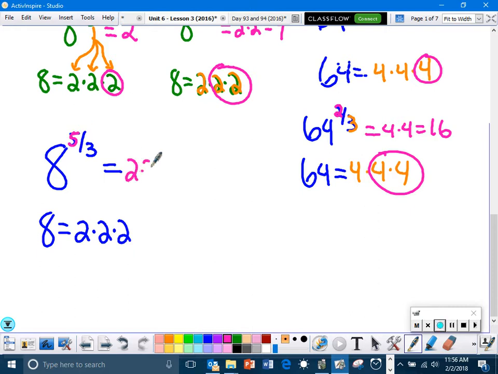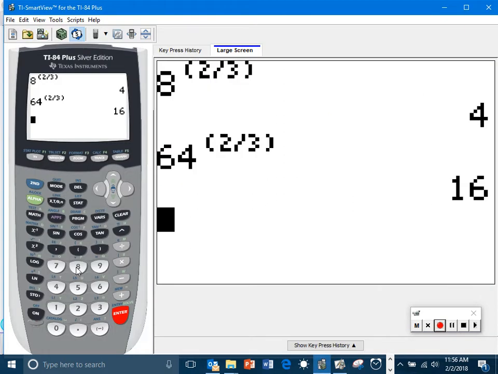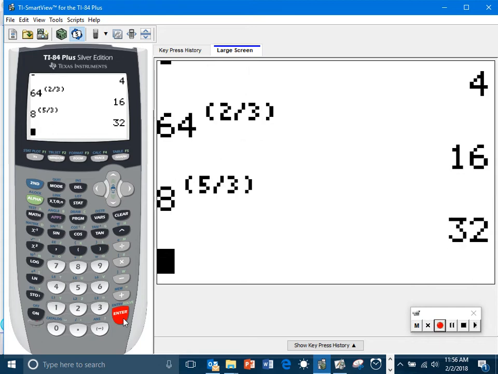So 2 times 2 times 2 times 2 times 2. 1, 2, 3, 4, 5 of them. And if we multiply all of those together, that should be 32. Well, let's see if the calculator does that. So I'm going to take 8 raised to the, again, use parentheses around your fraction, 5/3 power. And voila, it's 32.